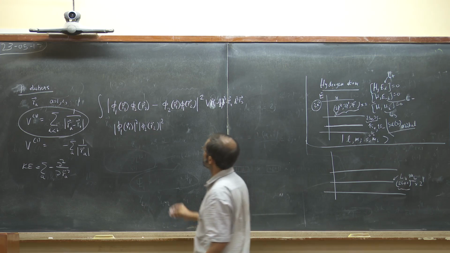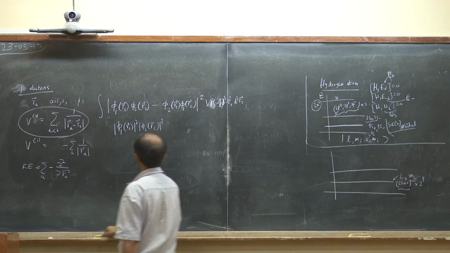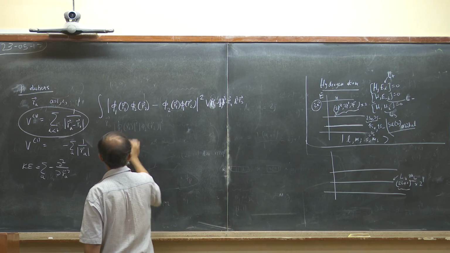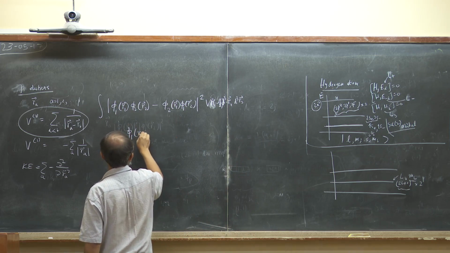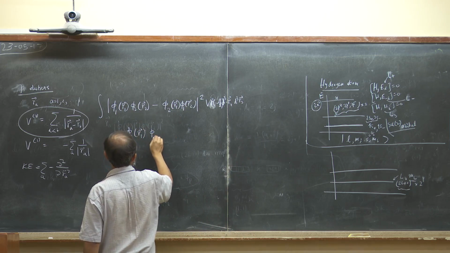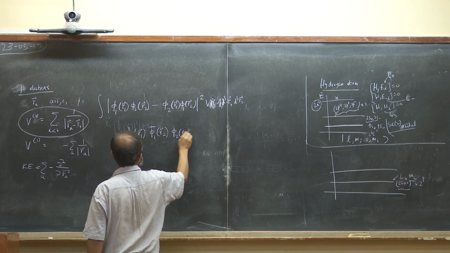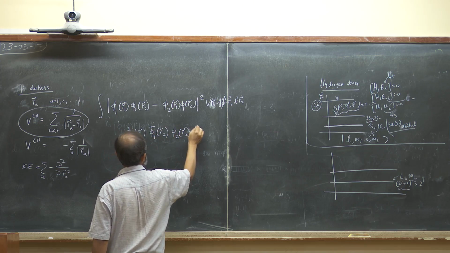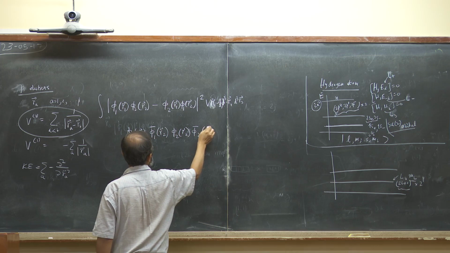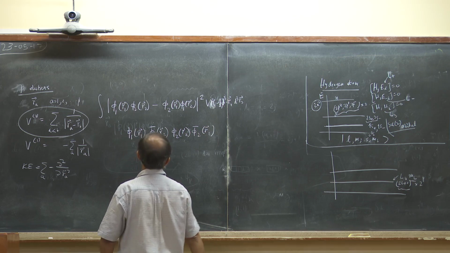But there are cross terms here which are of the following kind: phi 1(R1) and phi 1 bar(R2), and phi 2(R2) and phi 2 bar(R1), like that.